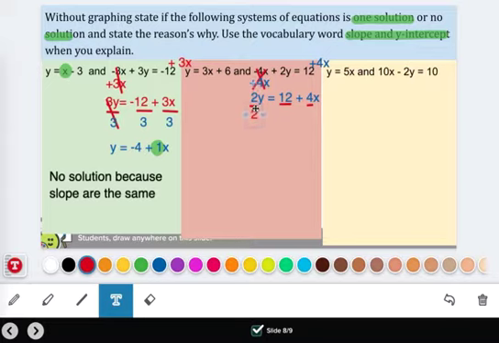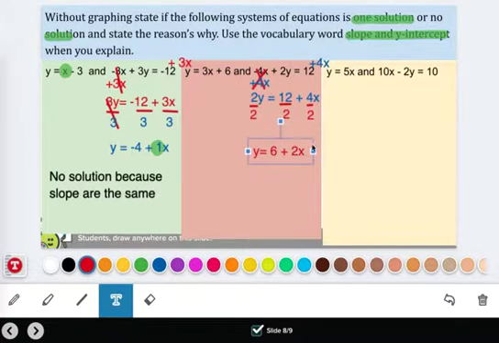And you get y equals 6 plus 2x if you divide each one of them. So your answer is y equals 6 plus the 2x.